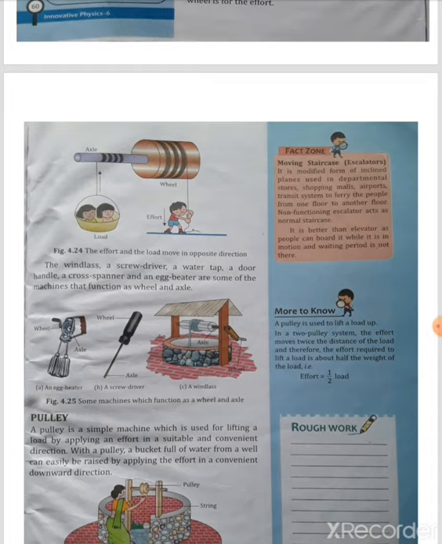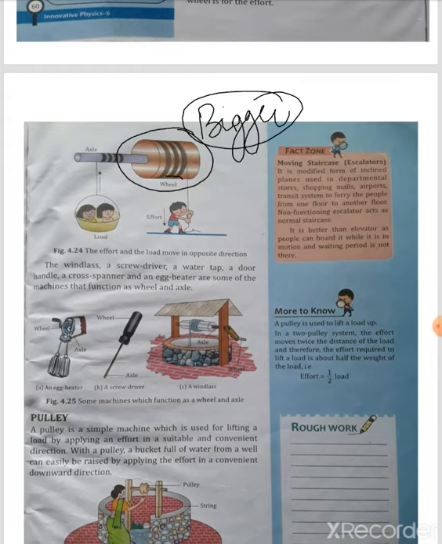wheel and axle. So in this picture you will see that this is the bigger wheel, bigger cylinder, we call it the wheel, smaller cylinder we call it the axle. Okay, so I told you a screwdriver is a kind of simple machine, and what kind of simple machine is it?